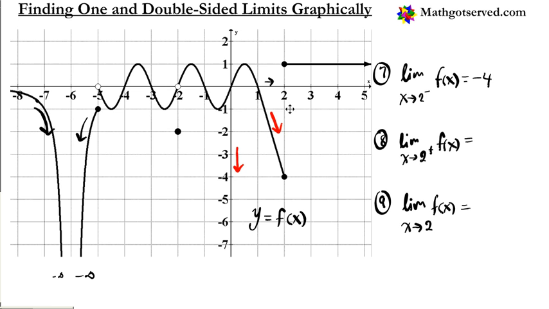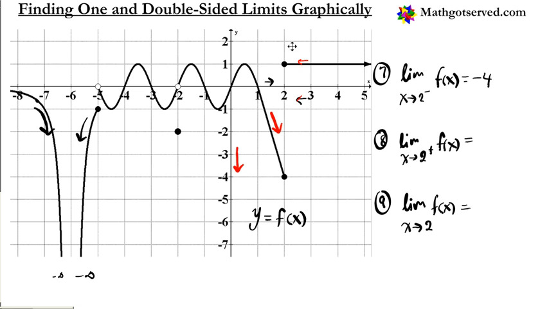How about if you're approaching 2 from the right? If you're approaching 2 from the right, you notice that you're on a different function, this function right here. And this is a constant function, okay? So as you get closer and closer to 2 from the right side, this is your car right here, what y value is it approaching? Guess what? The y value is constant in this case.